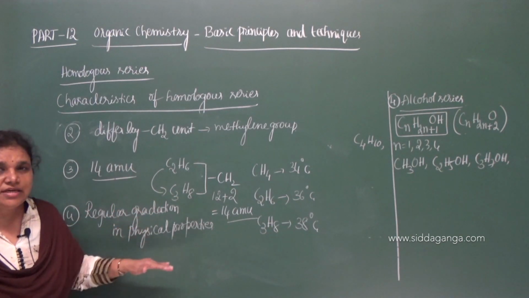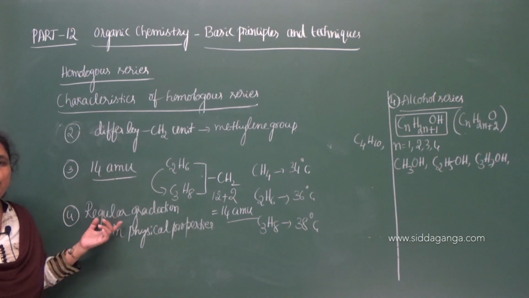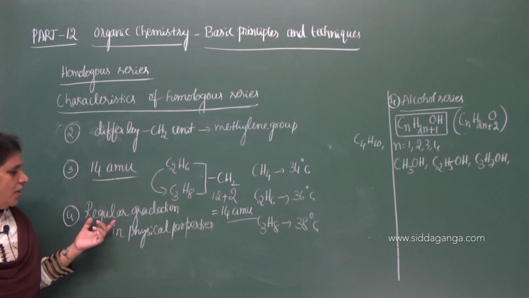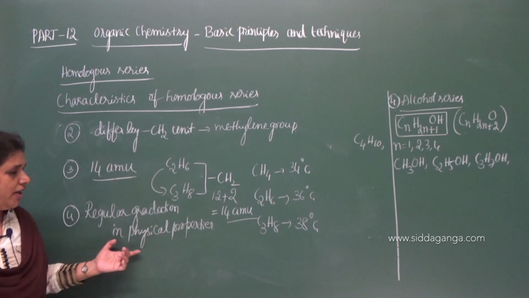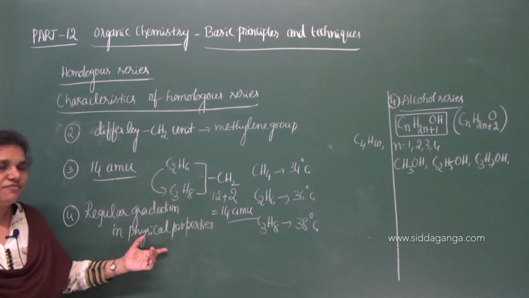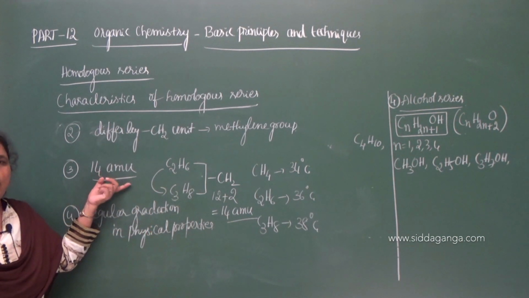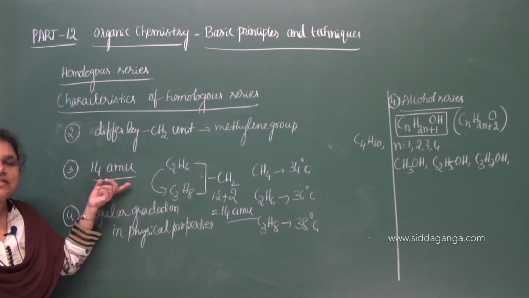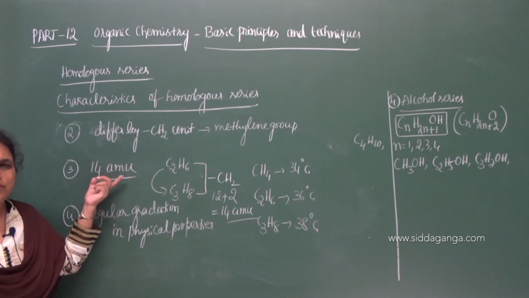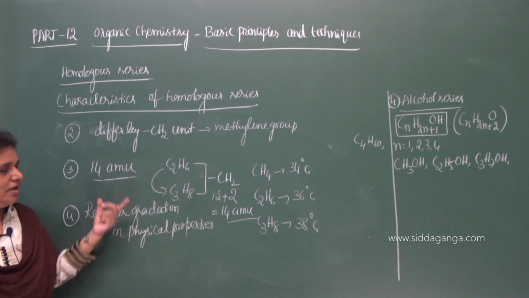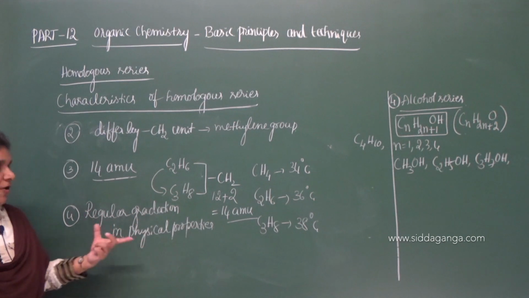This is the reason why every successive member in a series shows regular gradation in physical properties. Did you get the reason? The constant increase in the molecular mass of every successive member is about 14 atomic mass units. This difference is constant, therefore it shows a regular gradation in the physical properties.